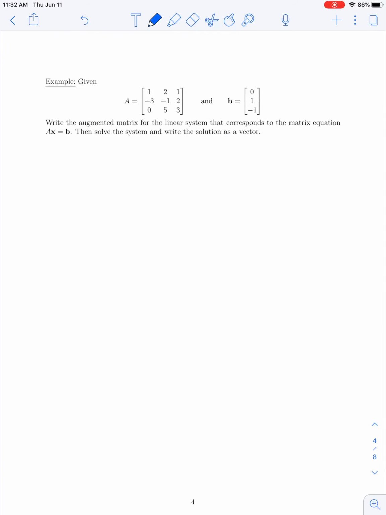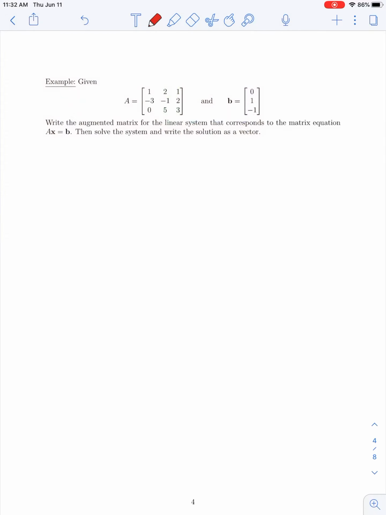So let's use that theorem to consider finding the solution of some matrix equation, making use of what we know about linear systems.